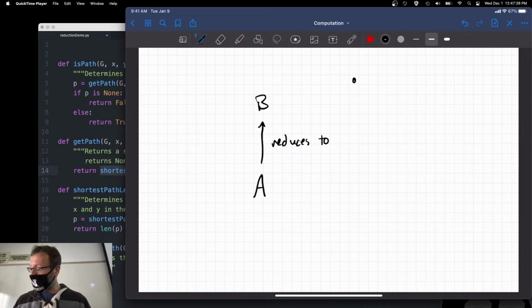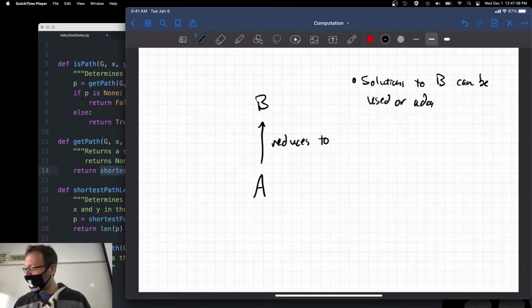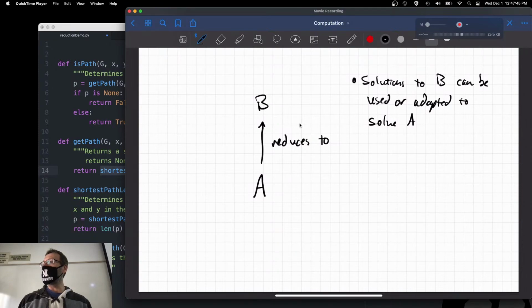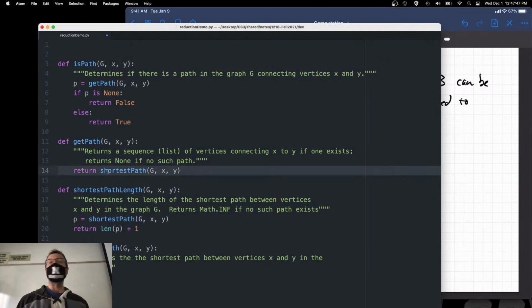First of all, solutions to B can be used or adapted to solve A. And note here that we use them directly, either returning the exact same solution, or we adapted it by saying, if it's none, then output false.